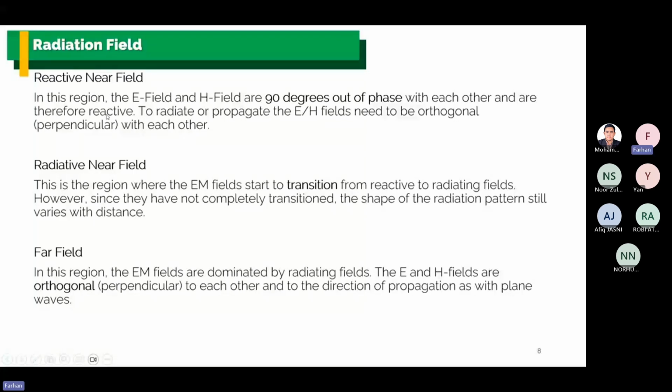And in the near field, there is the radiative field. This is where the EM field starts to transition from reactive to radiating field. And what is the far field? The far field is the radiating field, where the electric and magnetic fields are perpendicular to each other and to the direction of propagation, with plane waves.